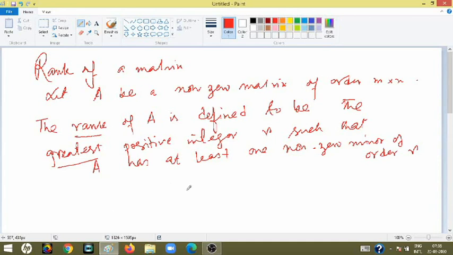And if the rank is r, then every minor of order r plus 1 equals 0. Similarly, of order r plus 2 equals 0, and so on.